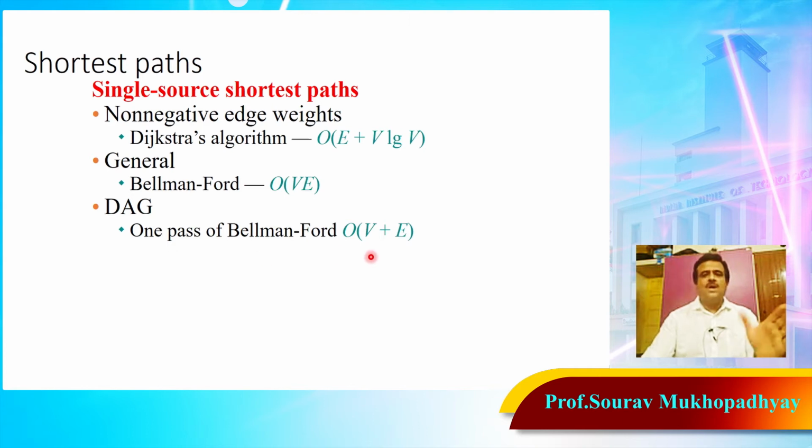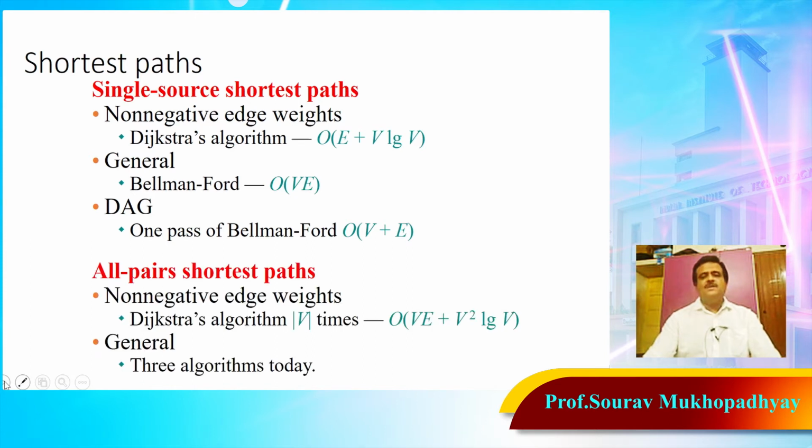Just one run of Bellman-Ford is order of V plus E. Now, for all pair shortest path, if we use Dijkstra's, provided there is no negative cycle, then we have to run V times. So it will be order of VE plus V into cardinality of V.